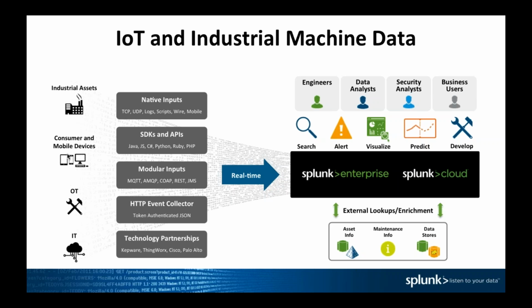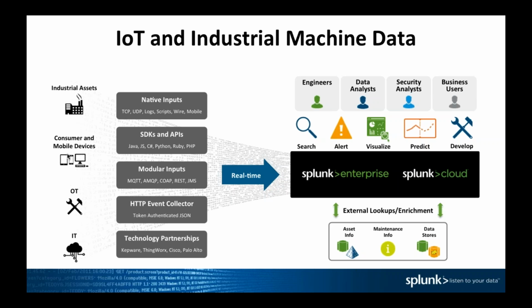And you can see here on the left side of the screen, Splunk's got a variety of native inputs, starting with TCP, UDP, different logs. Splunk also has a library of SDKs in Java, C#, Python that can deliver data directly to the Splunk pipeline.